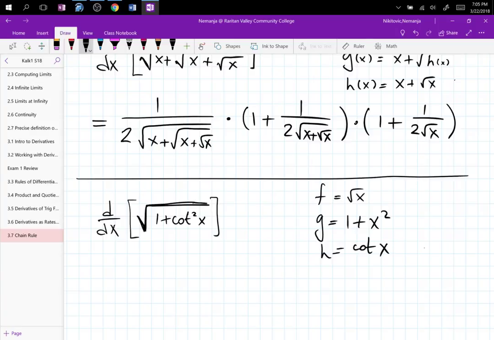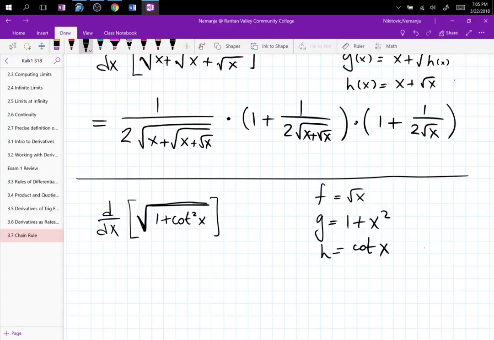Cotangent x, good. Wow, that's a lot, right? All right, so what do we do now? Don't worry about it. So what do we have here?